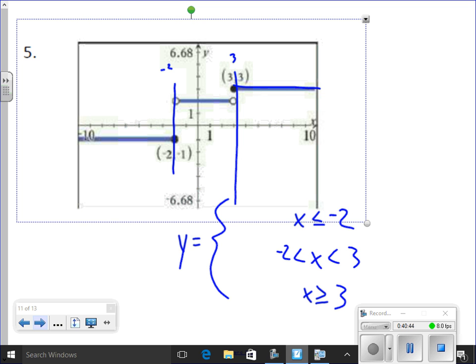It's going to be a constant function. So to the left of -2, this piece is going to have a 0 slope, -1 y-intercept, so just 0x minus 1, or just -1. In the middle, it's just going to be y equals 2, and over here, it's just going to be y equals 3.